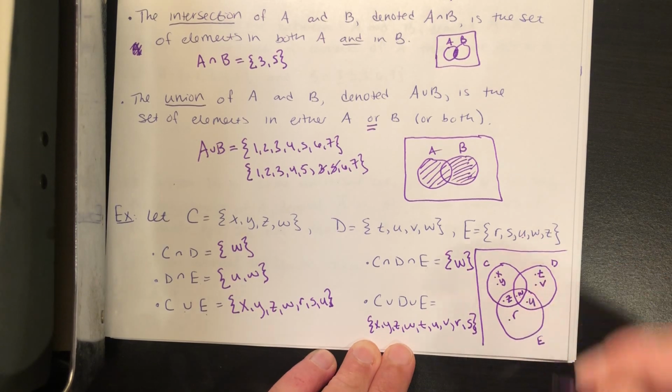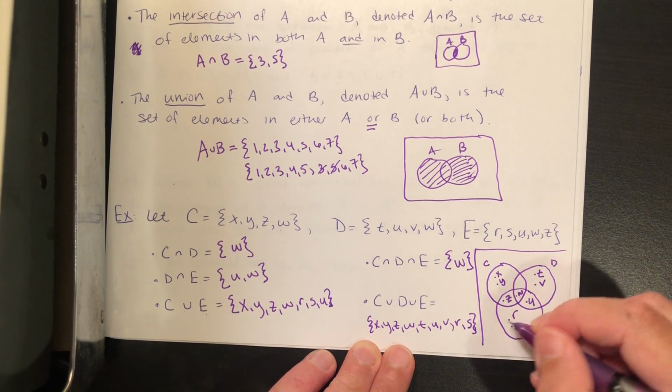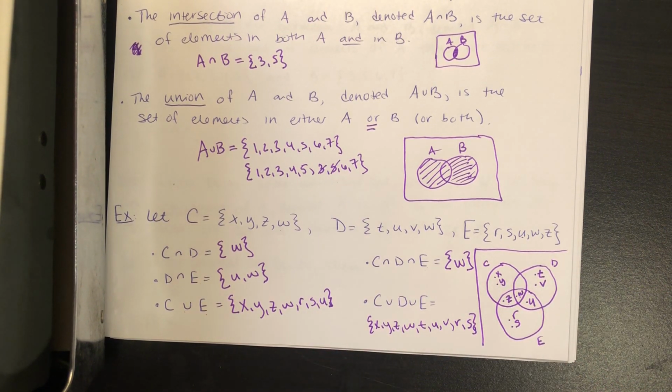We've got R, that's just in E. We've got S, that's just in E. U is already there, W is already there, Z is already there. So you'll notice that every single one of these elements, X, Y, Z, T, U, V, R, S, appear exactly once in the Venn diagram. You don't want anything to appear in that Venn diagram more than once.